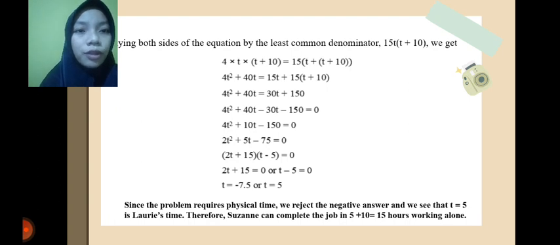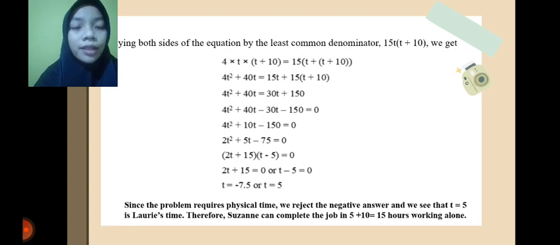We move all the right side to the left side, then we get 4t squared plus 40t minus 30t minus 150 equals 0. Then we get 4t squared plus 10t minus 150 equals 0.